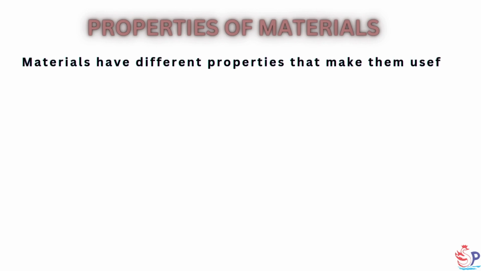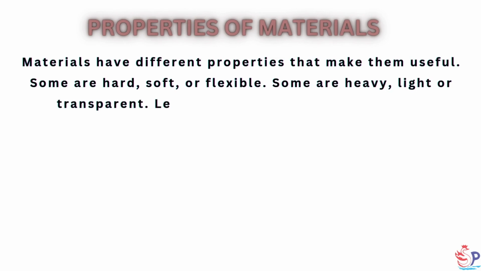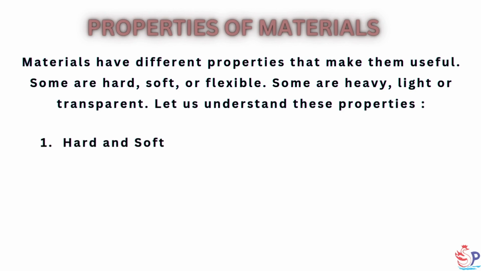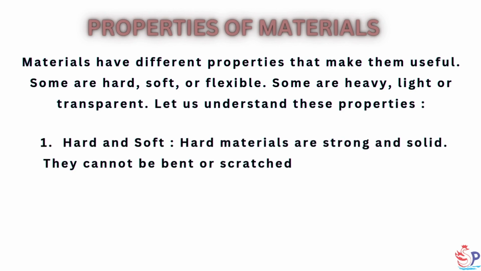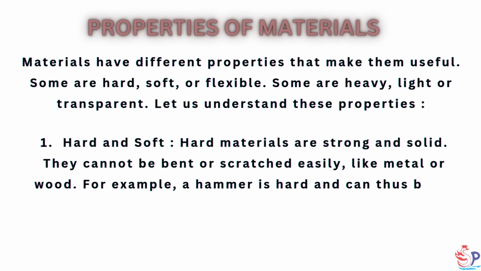Properties of materials. Materials have different properties that make them useful. Some are hard, soft, or flexible. Some are heavy, light, or transparent. Let us understand these properties. 1. Hard and soft. Hard materials are strong and solid.